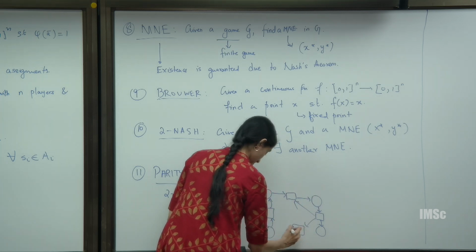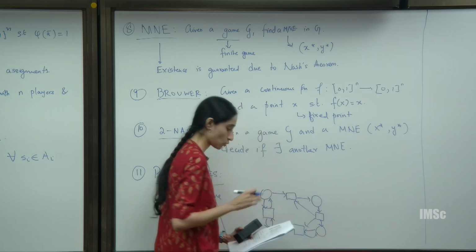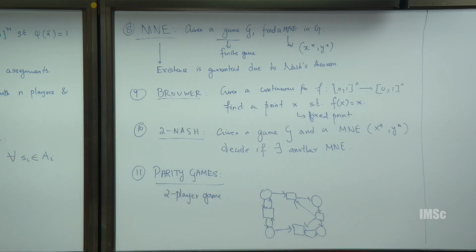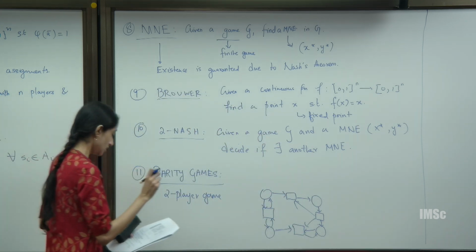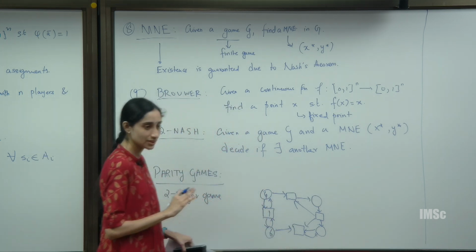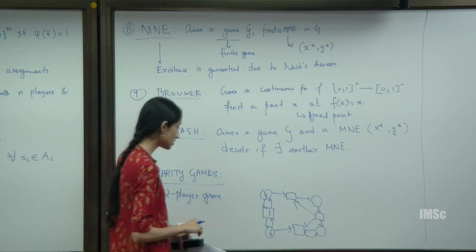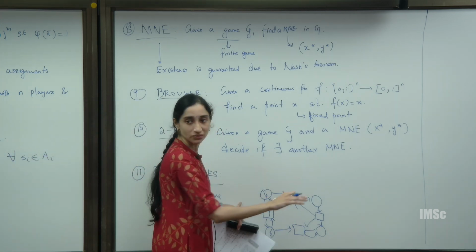There are some more edges, and so on. Every vertex has a weight or a priority attached to it, and some more numbers. These priorities, let us say, are distinct natural numbers, and the token is placed on one of these vertices.